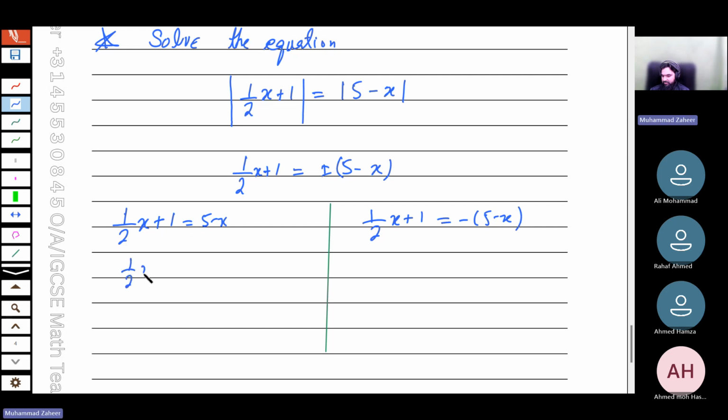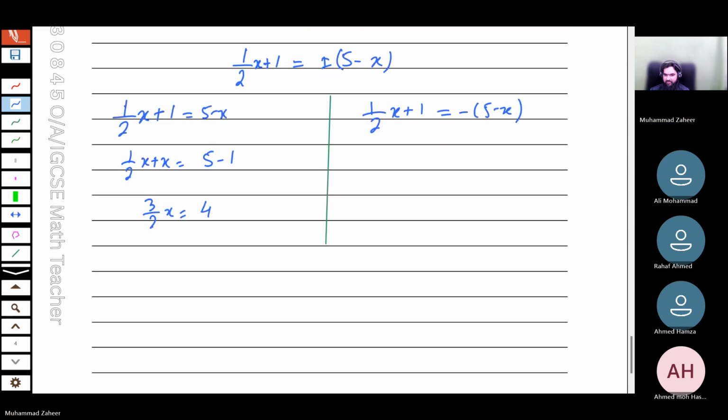It will be 1 over 2x plus x is equal to 5 minus 1. 1 over 2x plus x will become 3 over 2x, and 5 minus 1 will become 4. Now, x is equal to 4 into 2 divided by 3. So we will get the final answer 8 over 3.